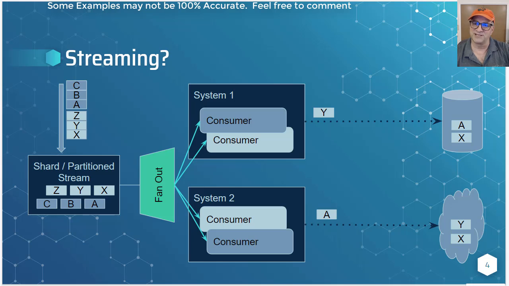Because it picked up the second shard's first message before the first shard's second message. And the other one actually ended up as XY and then A, right? So it picked up the first 2 in one shard. Maybe the consumer's a little slow on the other shard, and so it comes along and picks up the other. So these 2 data stores, for some period of time, will not be in sync. And that may be okay, but it's something to be aware of, the way this works.